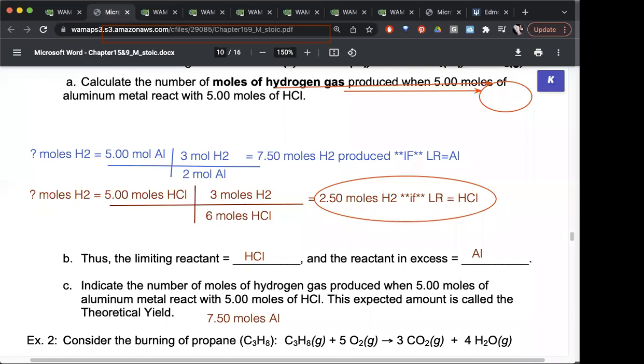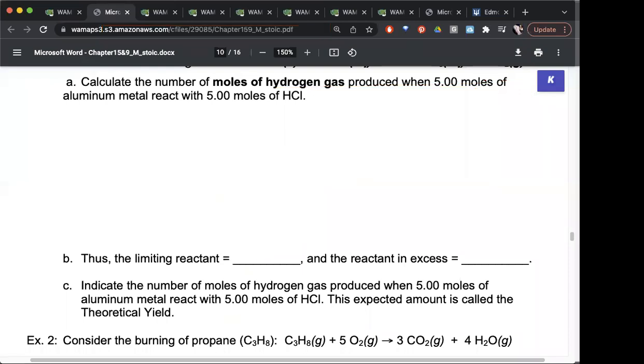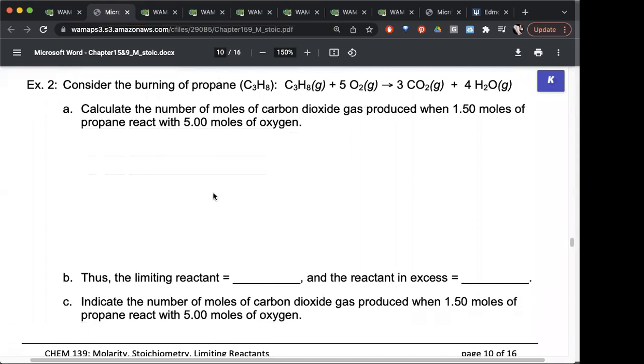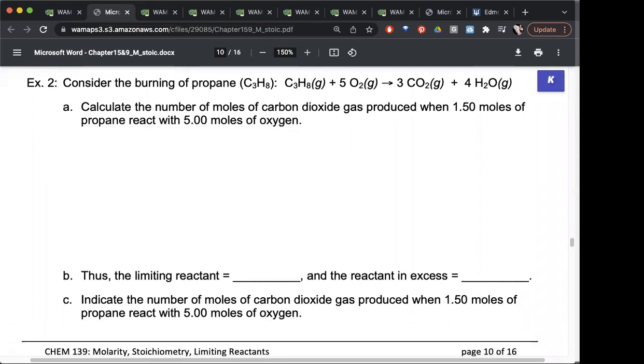Okay, so let's take a look at one more. Burning of propane. Good, I got the whole problem on the page. Here's our balanced reaction. And we want to calculate the number of moles of CO2 produced when you start with 1.5 moles of propane.